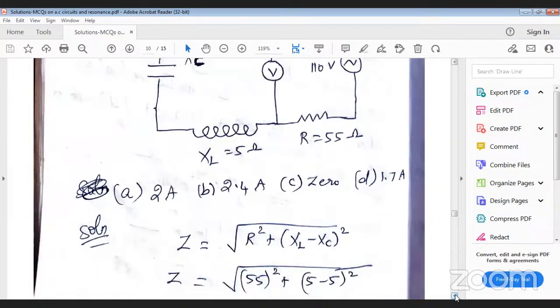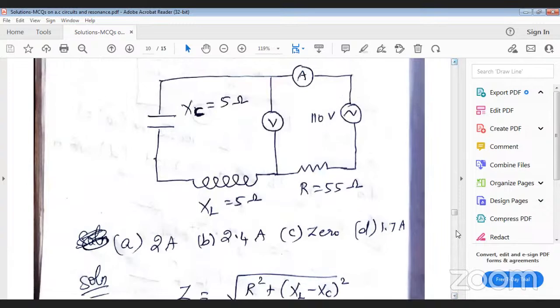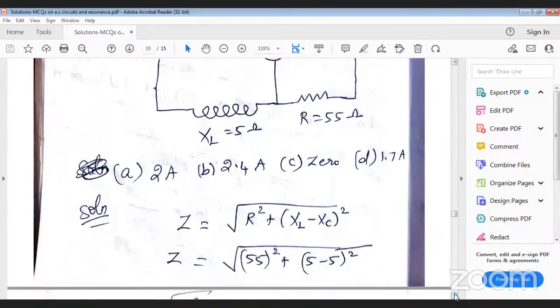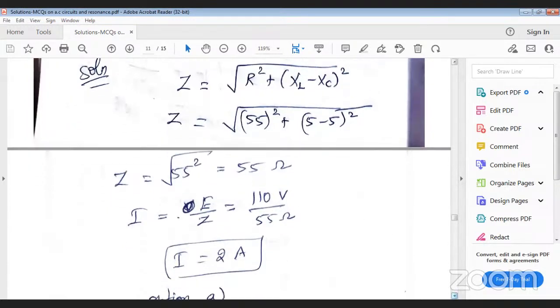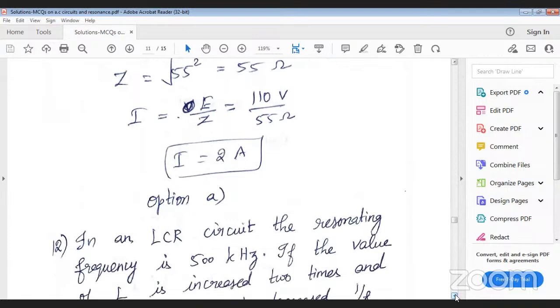So instead of R, 55 square plus XL minus XC the whole square, XL is 5 ohm and XC is also 5 ohm. That means both XL and XC will get cancelled each other. That means the circuit is at resonance now. So Z equal to root of R square, which is root of 55 square. So that will be 55. So I equal to E by Z, that is 110 by 55. That will be 2 ampere.